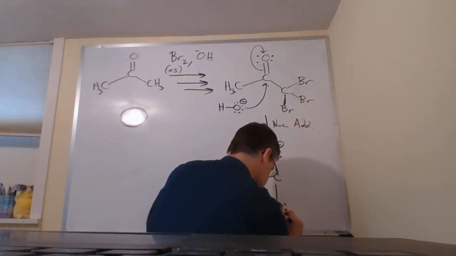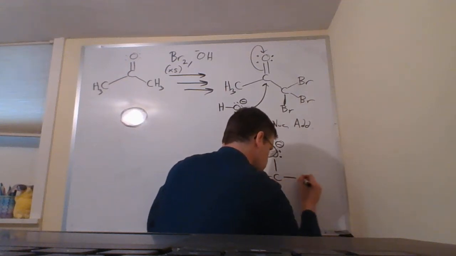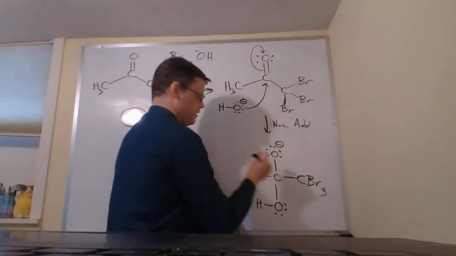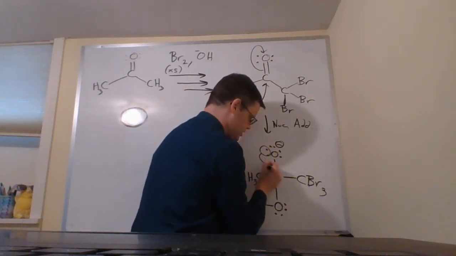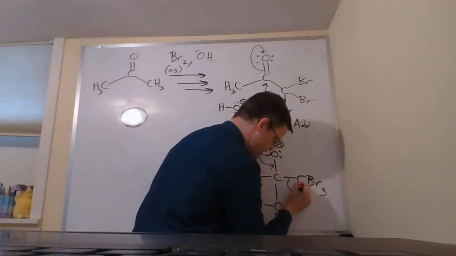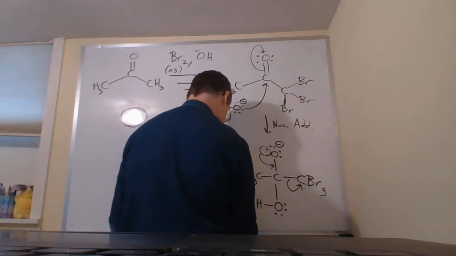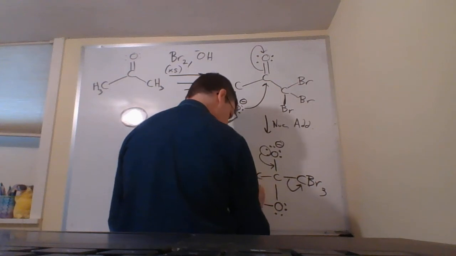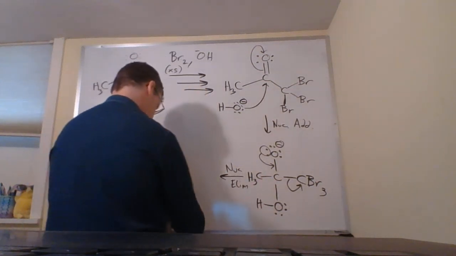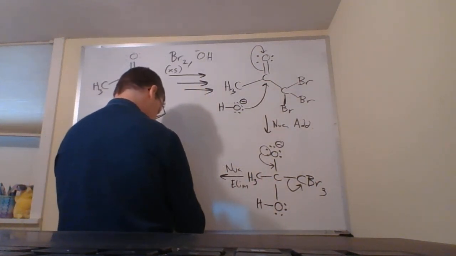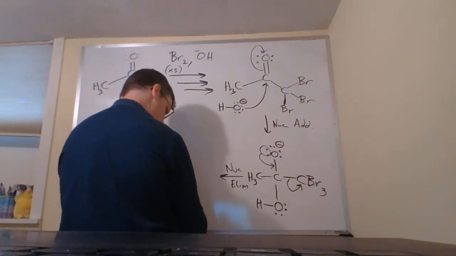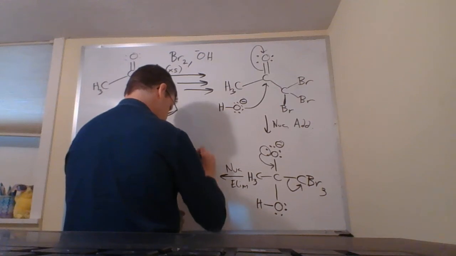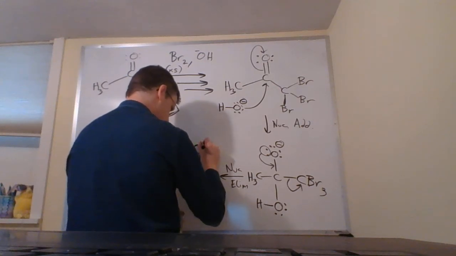So that gets us to this point. Got that CBr3 here. Then this can leave in a nucleophilic elimination step. And that is going to give us this intermediate.